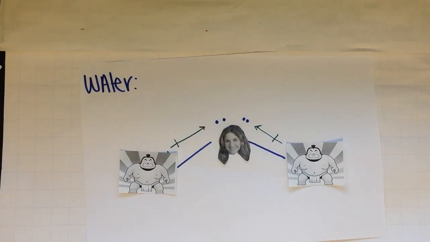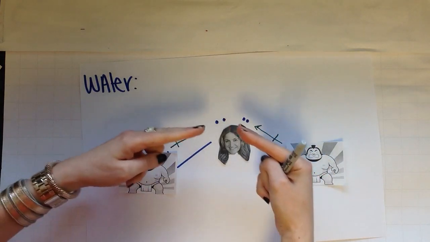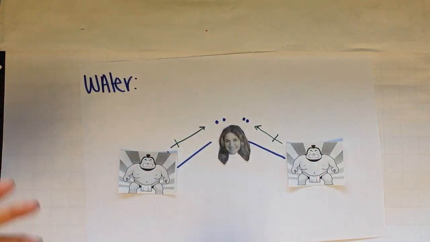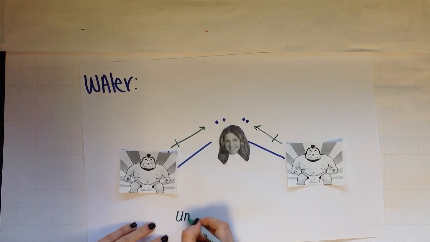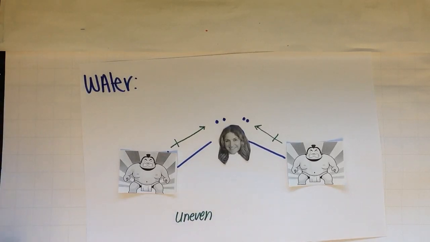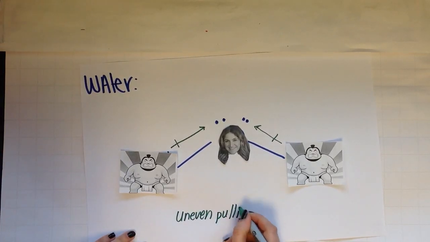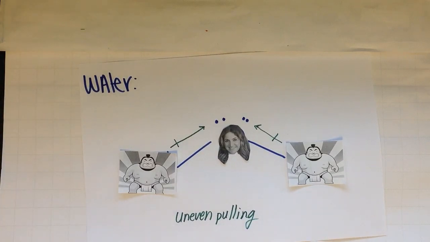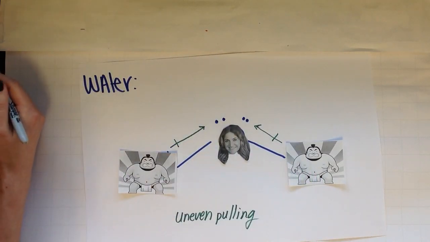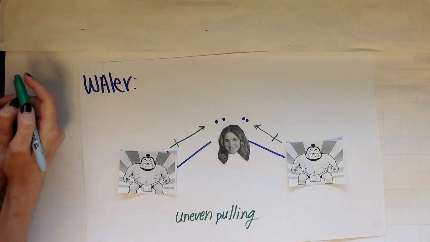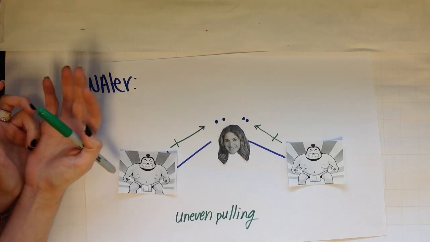But these 2 lone pairs, while they make me a little bit more electronegative, these sumos are still pulling. And so what we have is uneven pulling, seen here in water. Uneven tug of war. Uneven pulling. I'm pulling with my superpowers, but these sumos are still pretty powerful. So even with my superpowers, I can't do it alone.